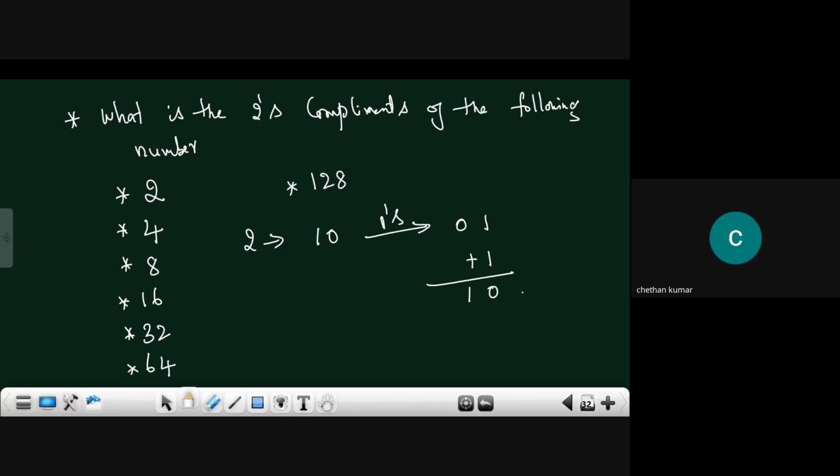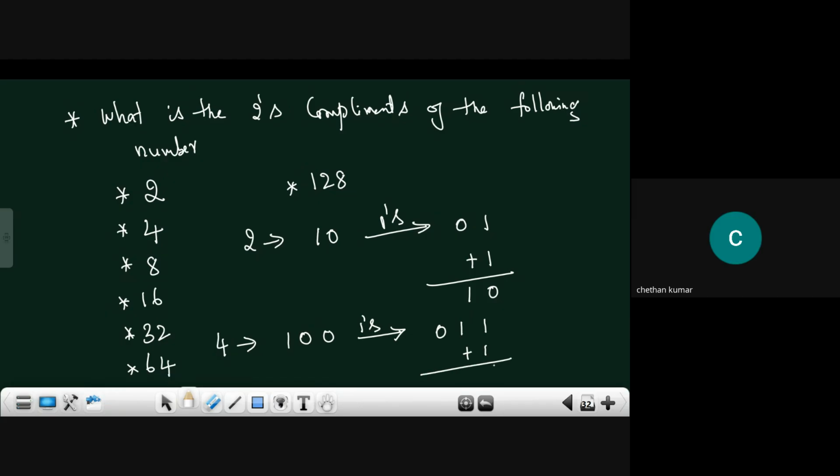1, 0. If you take a 4, what is the 2's complement of 4? 4 you can represent as 1, 0, 0 in binary. For the 2's complement, first you take the 1's complement: 0, 1, 1, plus 1.